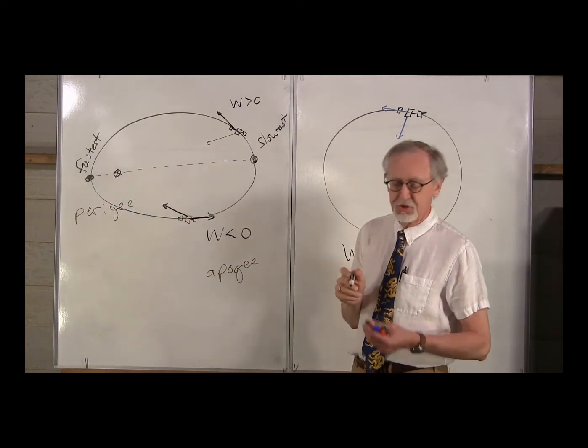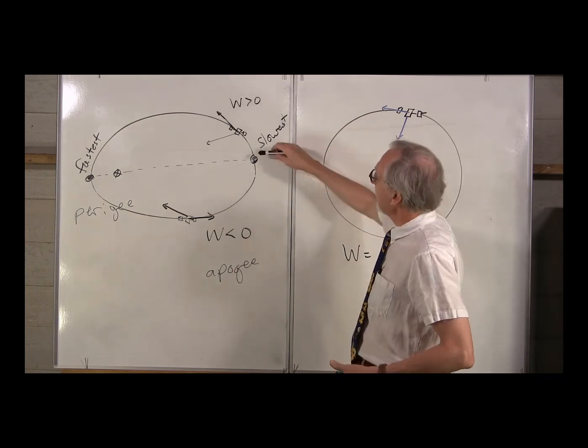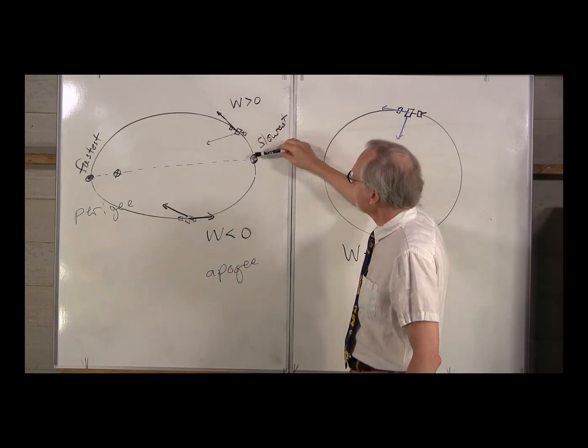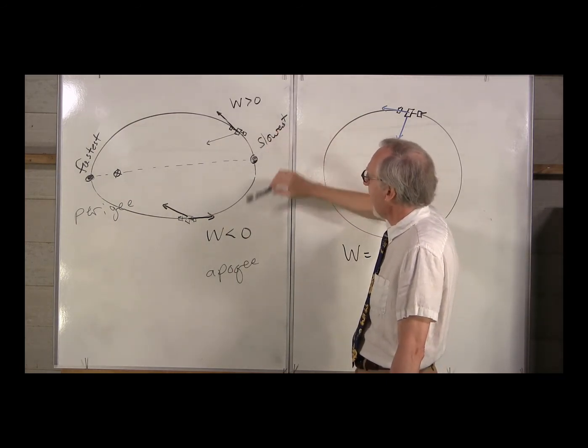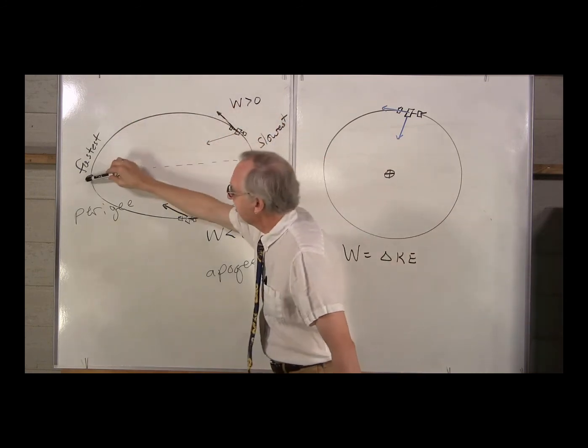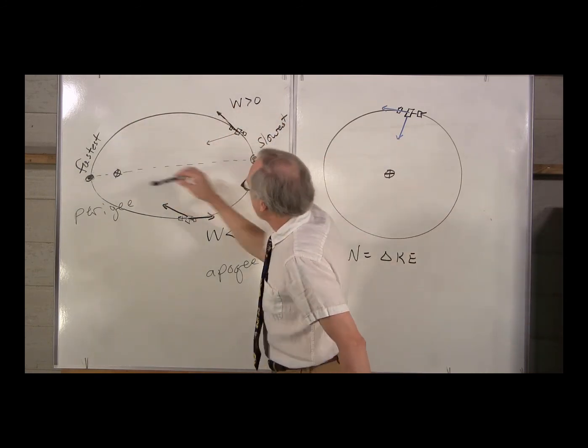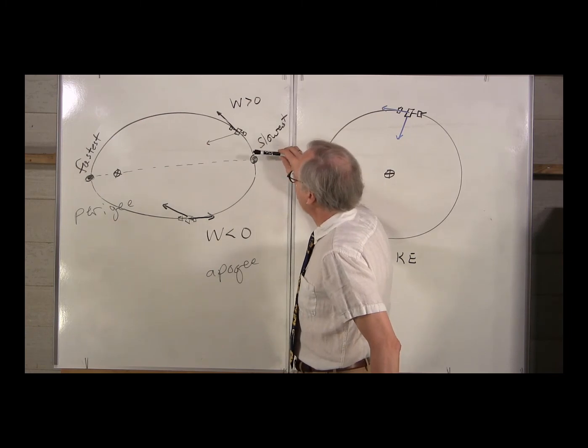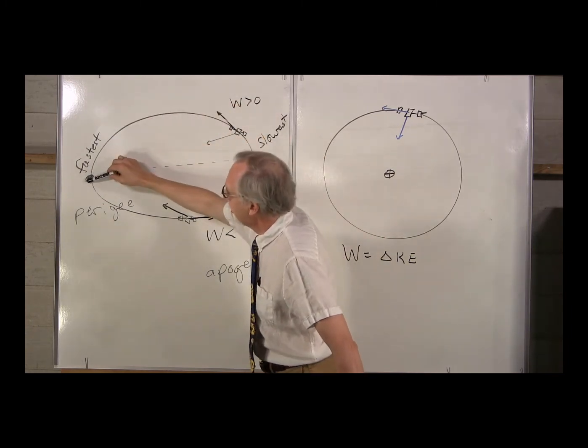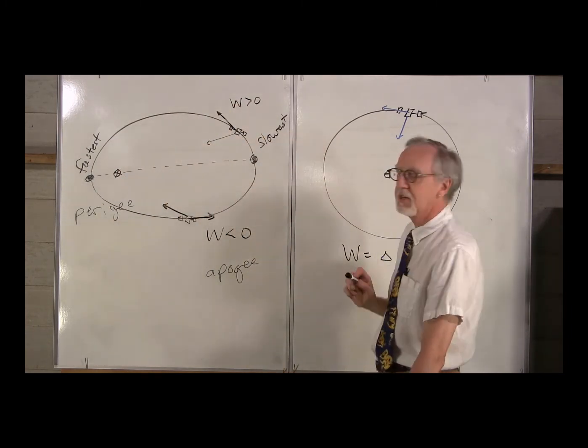Perigee, closest to the Earth. So the satellite oscillates from its slowest point at apogee to its fastest point at perigee, speeding up as it goes from apogee to perigee, and then slowing down as it goes from perigee to apogee.